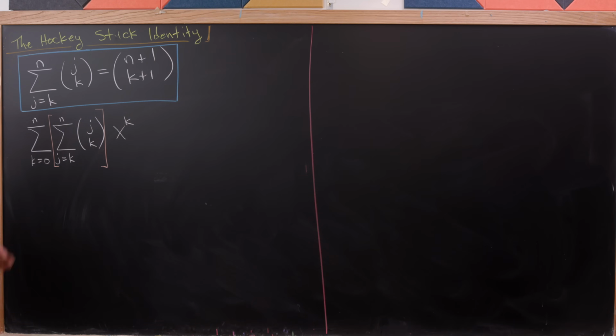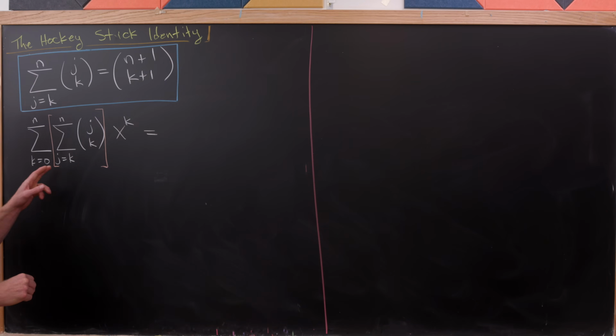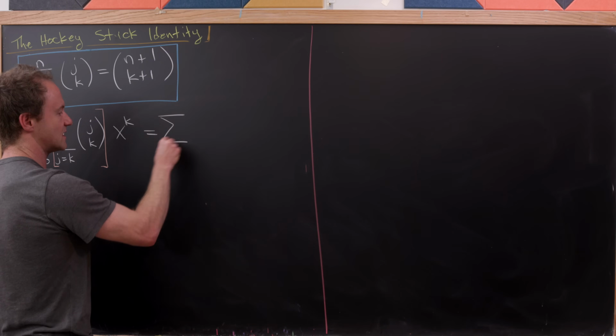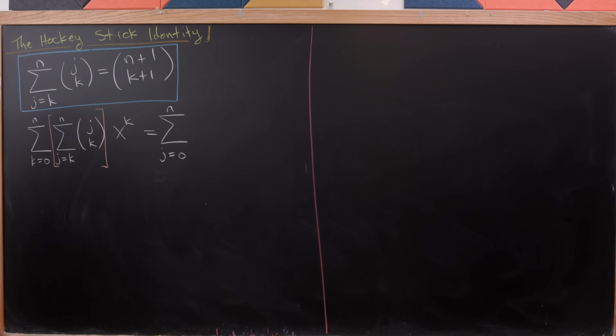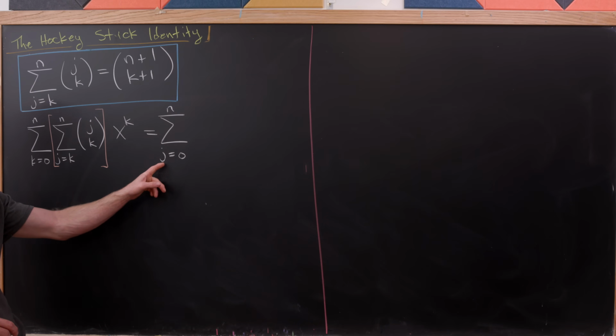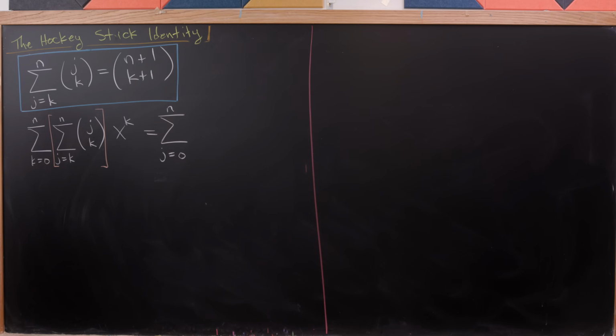Now what I'll do is change the order of summation. That means I want to make my k summation on the inside and my j summation on the outside. So I'm going to have the sum as j goes from 0 to n, because here j is going from k to n, but k could start at 0, so if we change the order of summation, all the possible values of j range from 0 to n.